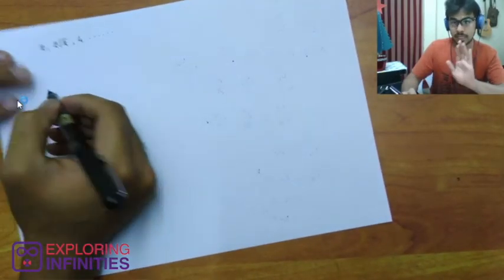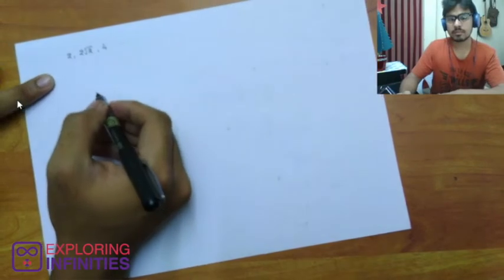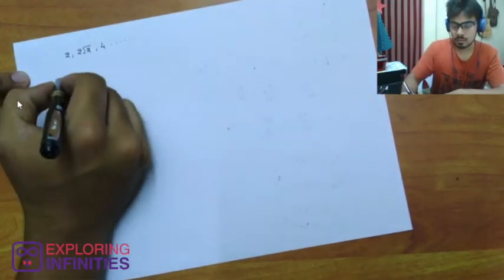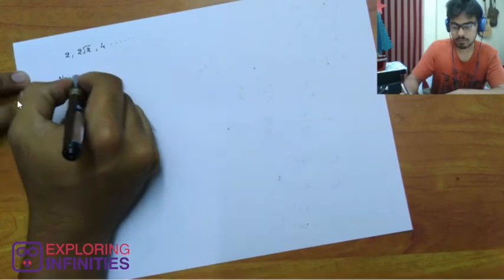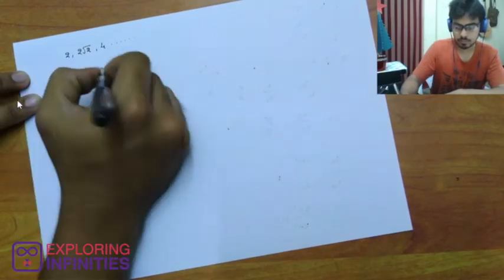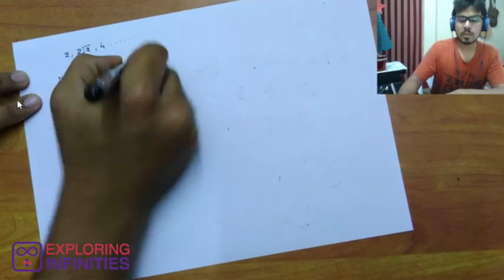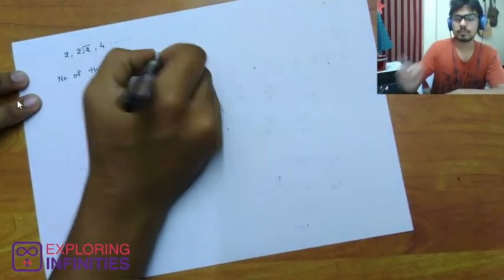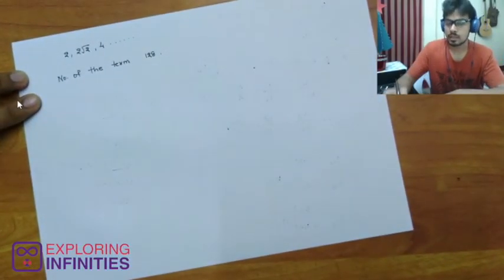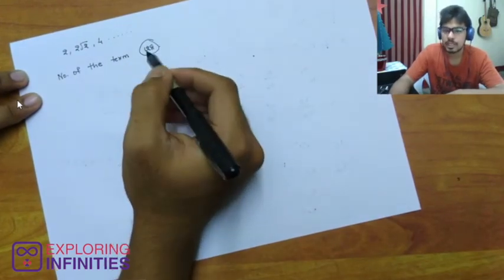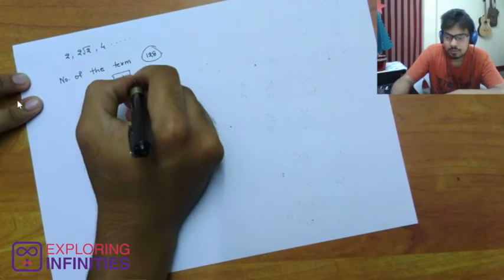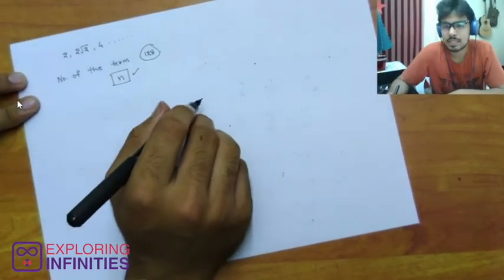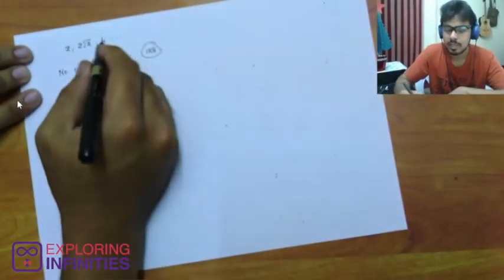It is given that this is a GP and we have to find the number of the term 128. So the term given is 128. We need to find the number, that is n. Simply, let's get what all we can possibly get from this GP.